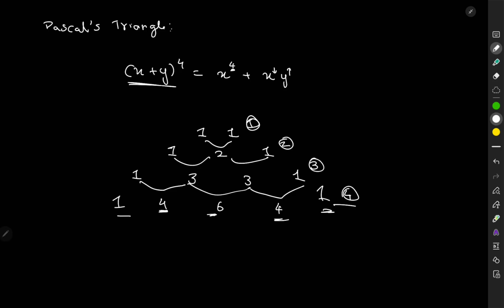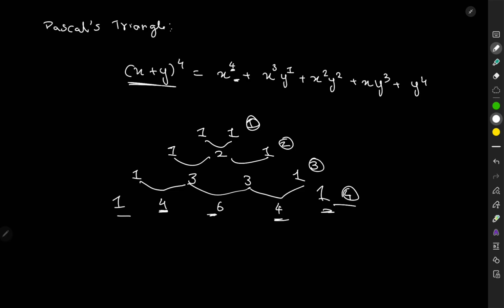For example, we have 4, right? So in the next term it will become 3, and in this case y's power is 0, so we will take 1. Similarly you will do this until y's power gets the maximum value, plus y to the power 4.